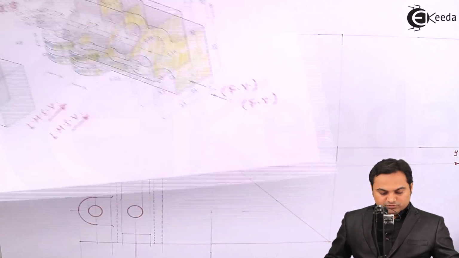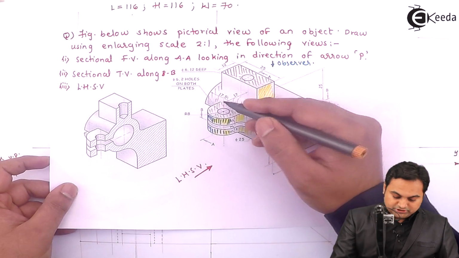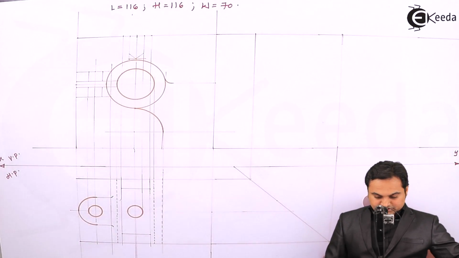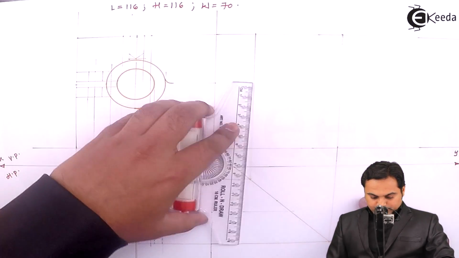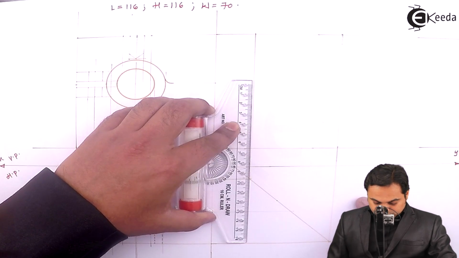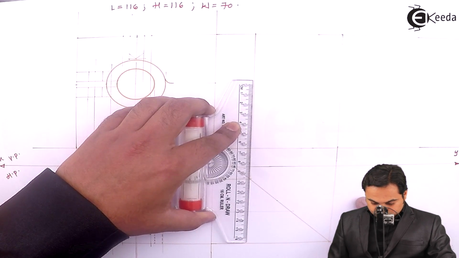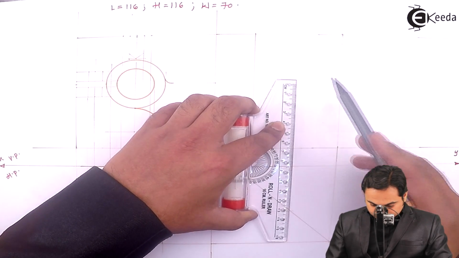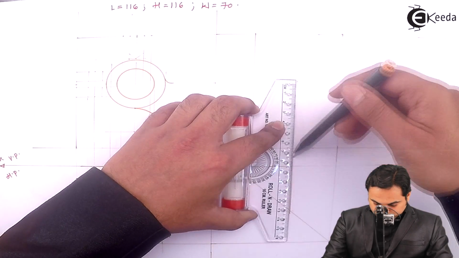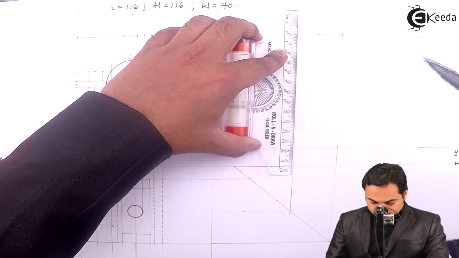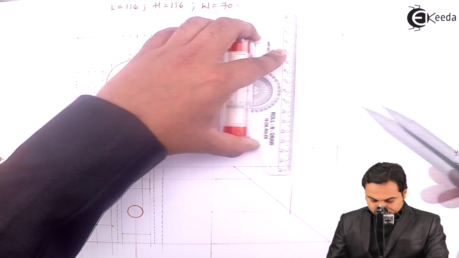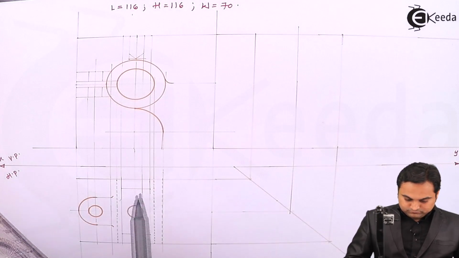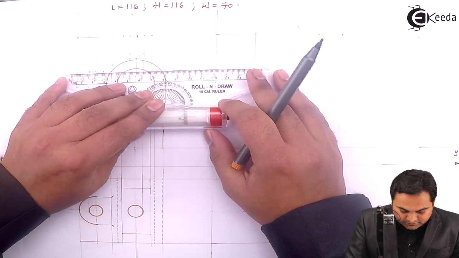And at the same time, when I am looking at this plate from side, about the center line the object is completely symmetric, so I'll project the center line from the top view into the side view. Getting the heights of the plate.